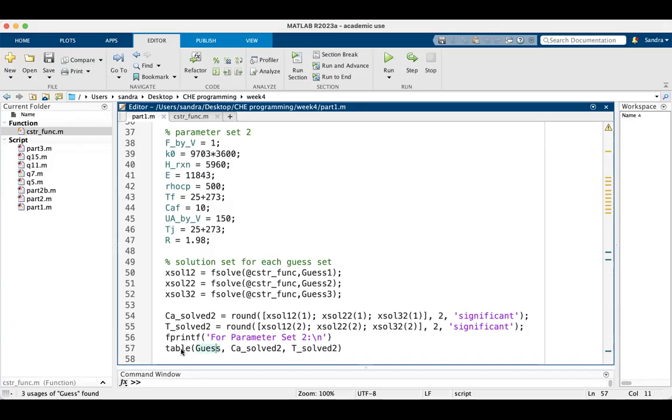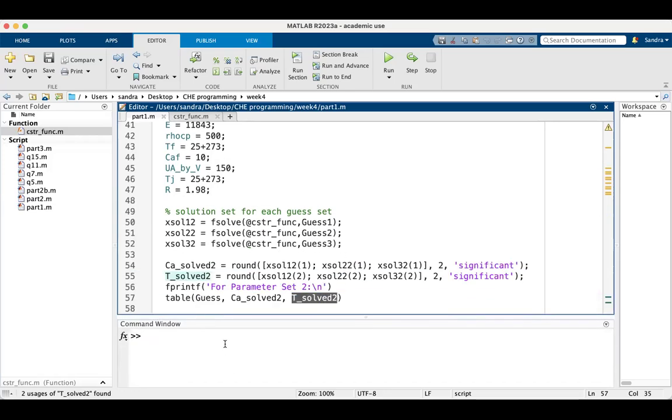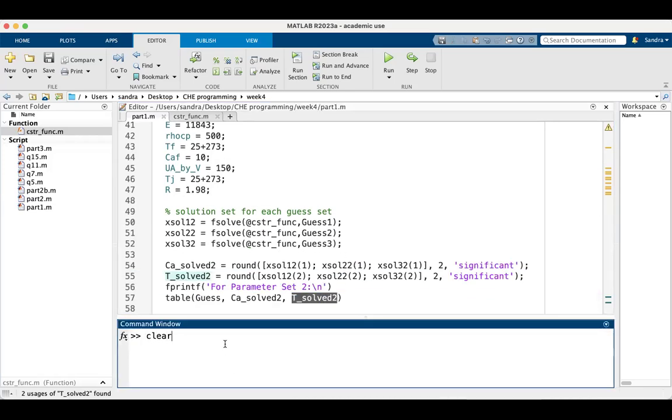So to make a table in MATLAB, you have to enter each and every column of the table. This is the first column, which will be the guess number. CA solve 2 will be the second column, which will have the different values of CA for different initial guesses. And T solve will also have different values of temperature for different initial guesses. So that's how we create a table. So let me just run it.